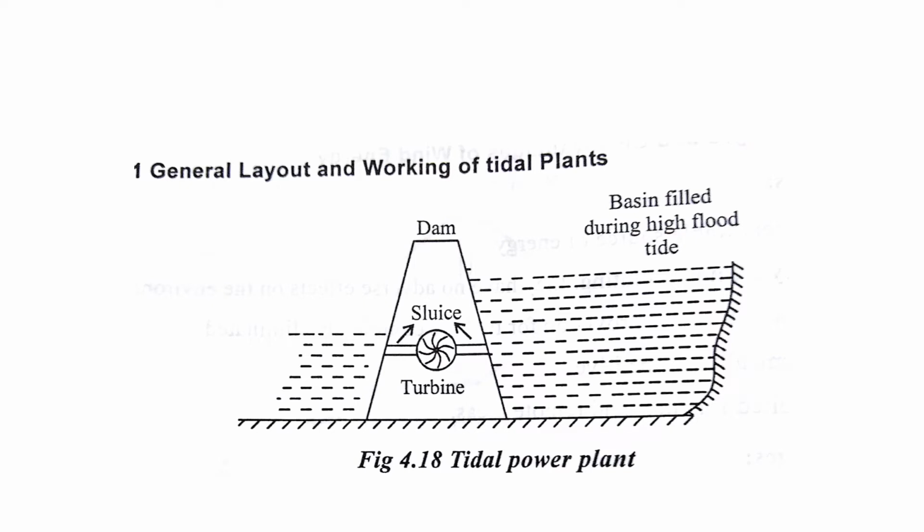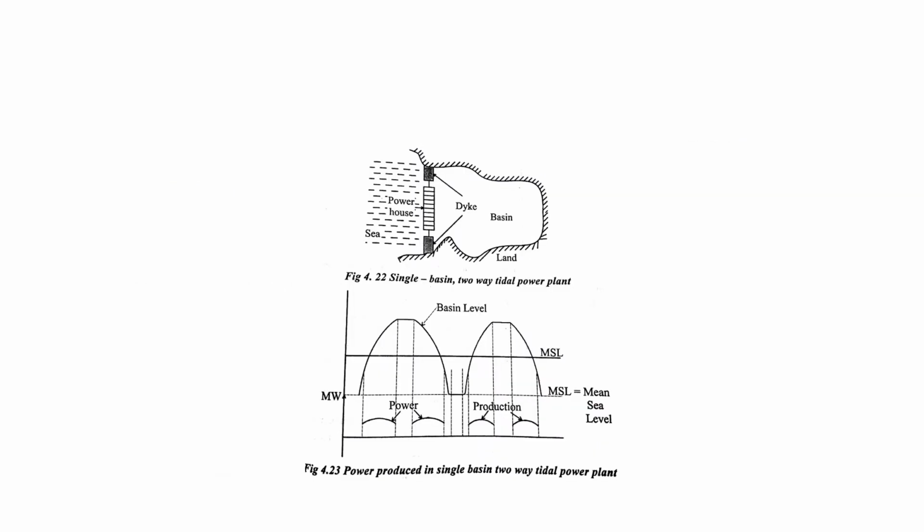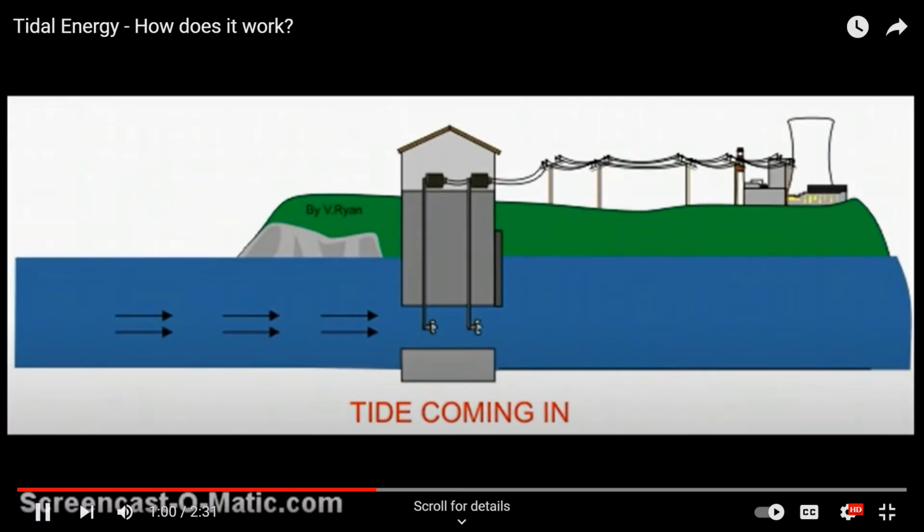This is another layout of a tidal plant. Here we have this turbine. It will rotate when the sea water flows over the turbine blades. This is the powerhouse. And how are we replacing this one? See this diagram, which will give you more information.